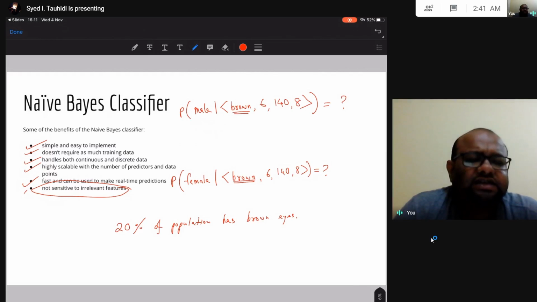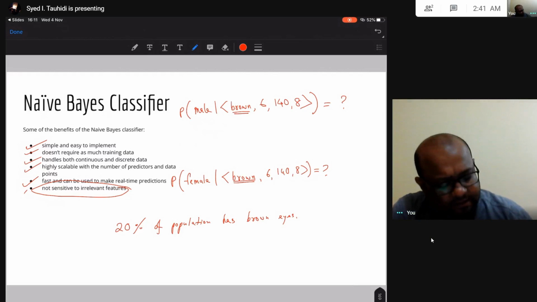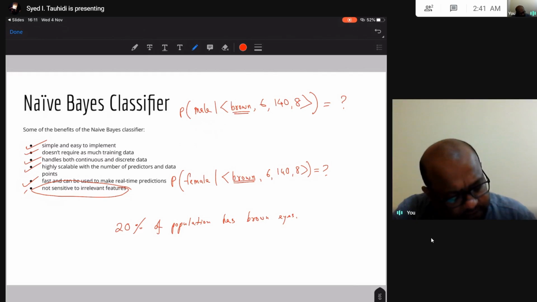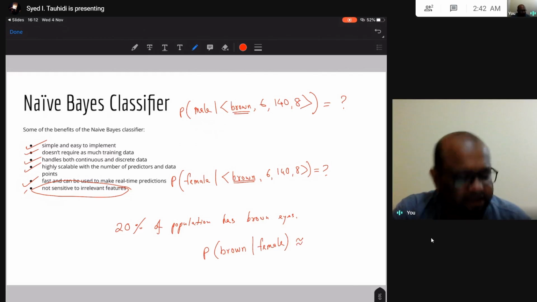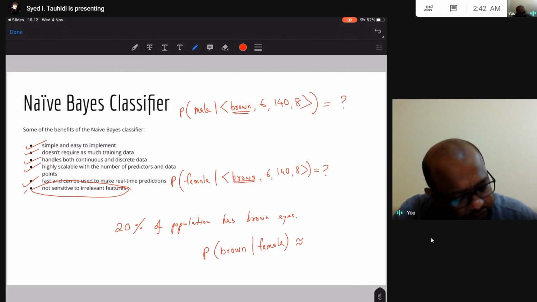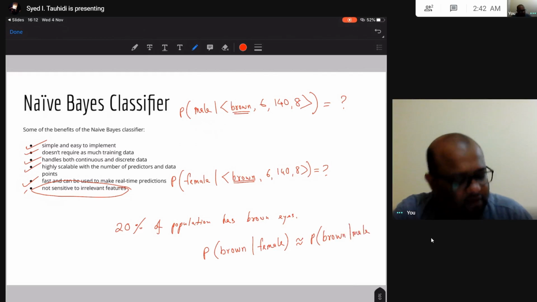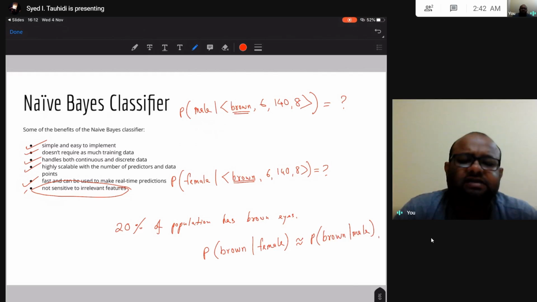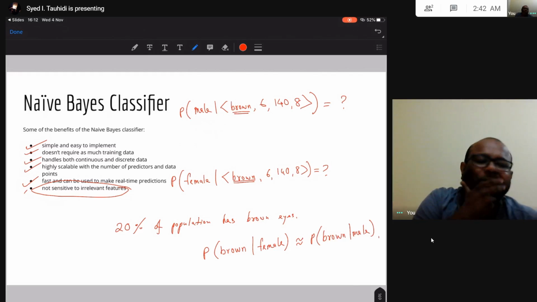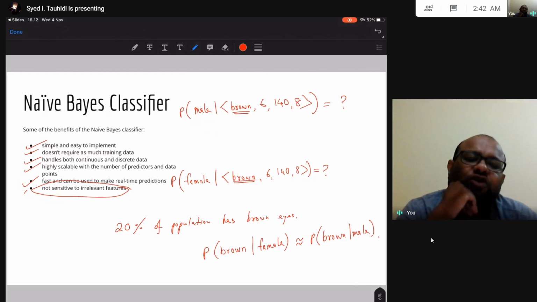So if this data is irrelevant, then probability of brown given female should be almost equal to, even if not exactly equal to, probability of brown given male. Right? I hope this makes sense. Otherwise, if these are not almost equal, then this data is not irrelevant.